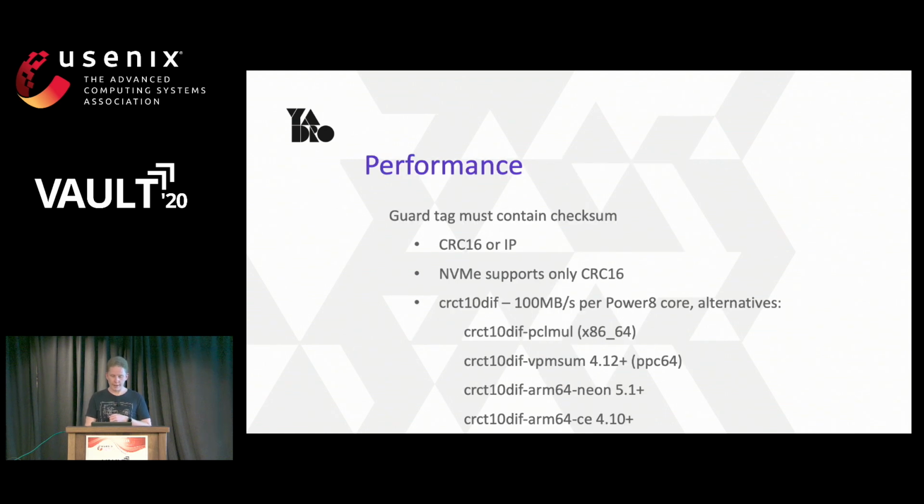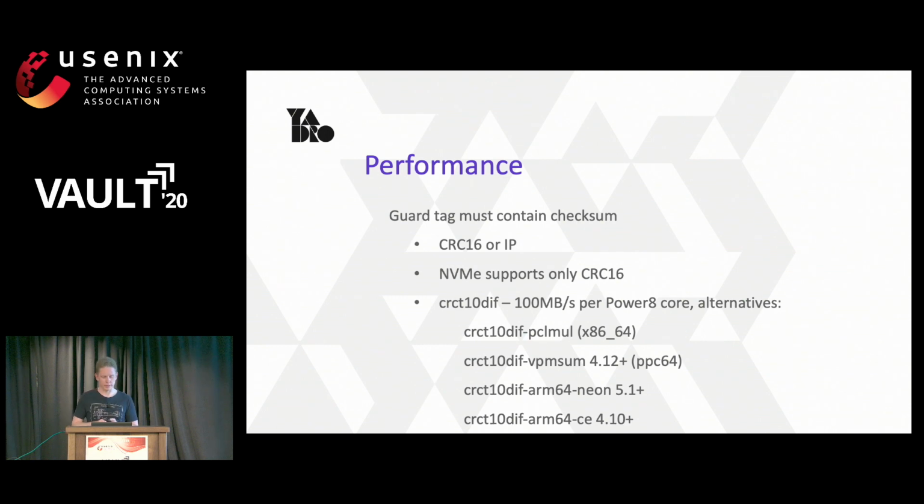Okay, and a few words regarding performance. As I said before, this integrity thing requires a Guard tag to contain a checksum of the data sent to the device, and we have to use CRC16 for this. And in fact, the generic implementation in the kernel is really slow on our hardware.